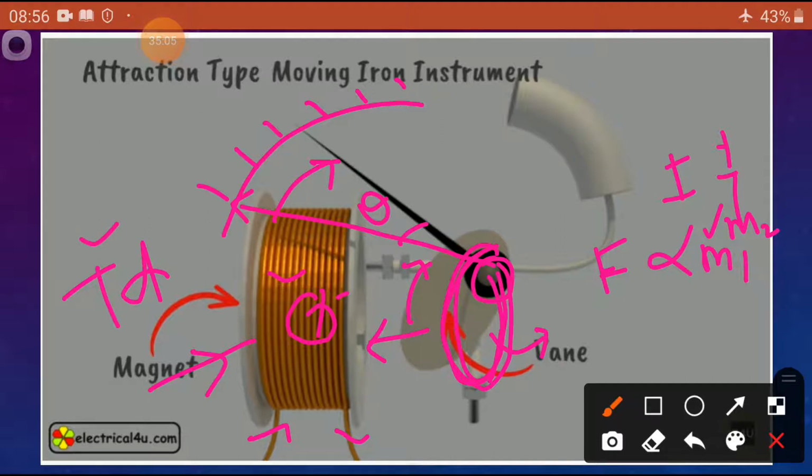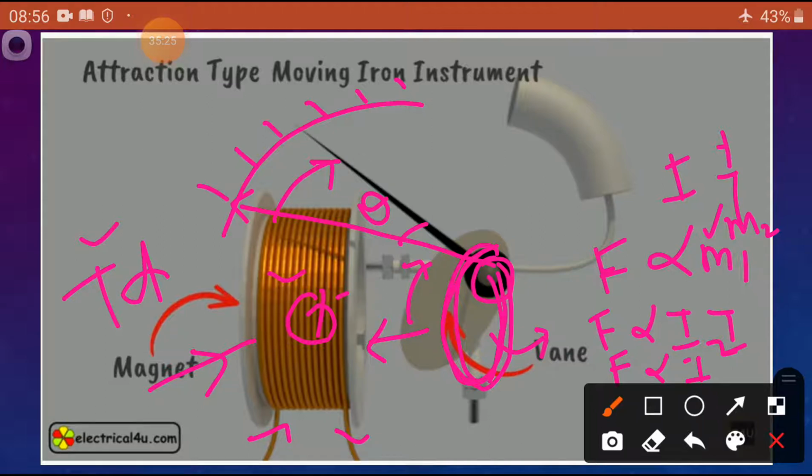So the force is directly proportional to the magnetic field of the coil and the magnetized iron piece. That is, F is directly proportional to I squared, the square of the current.